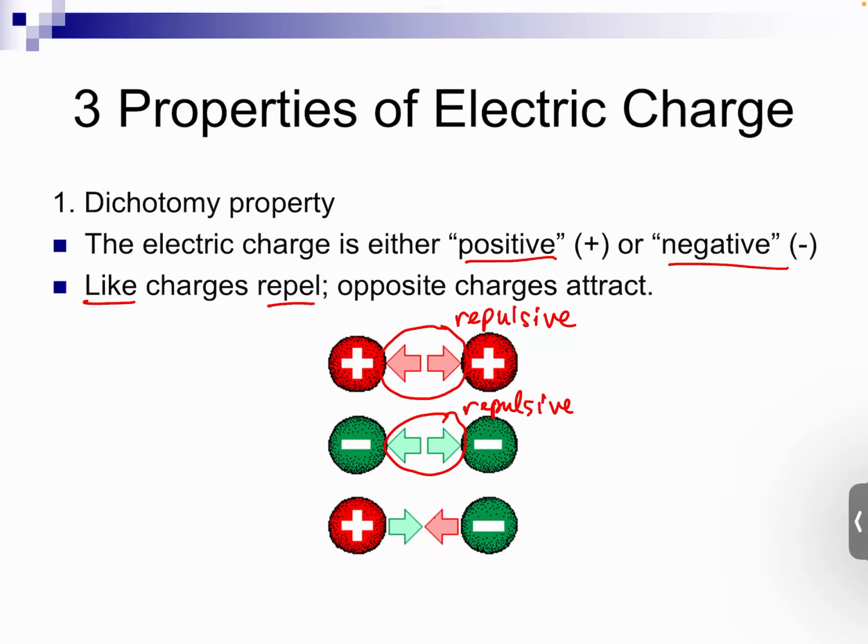Whereas if the charges are opposite, for example, a positive charge and a negative charge, then these two charges attract each other. So we say that opposite charges attract each other, whereas like charges repel. Okay, pretty straightforward, right? That is the dichotomy property.